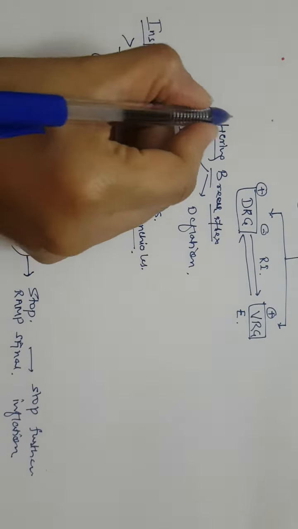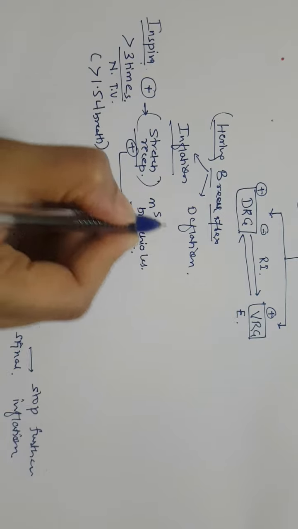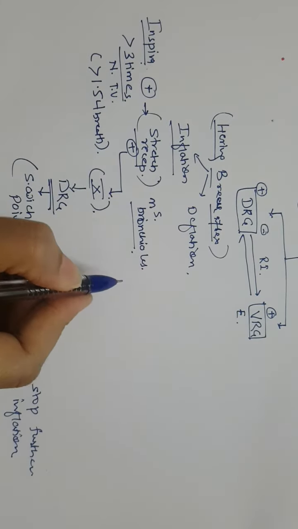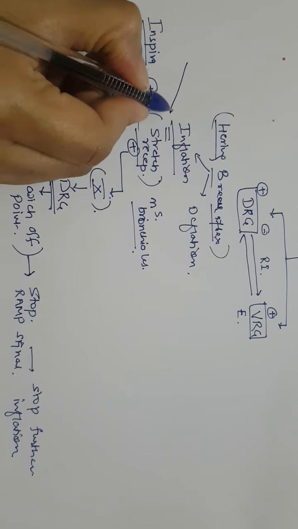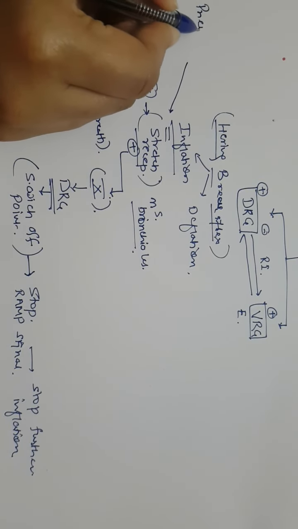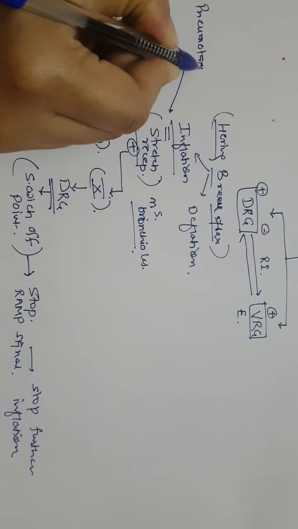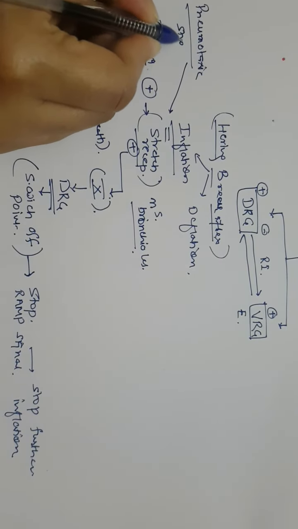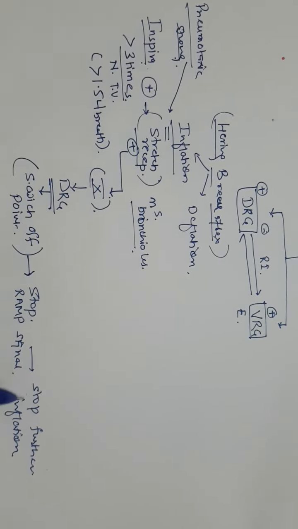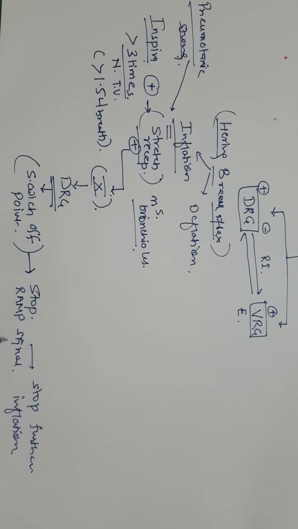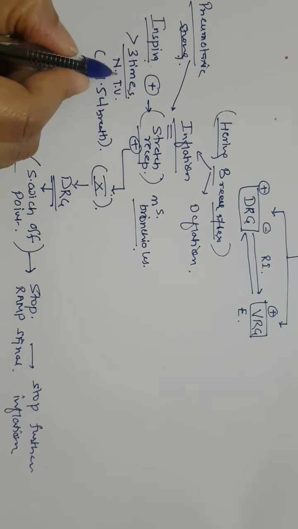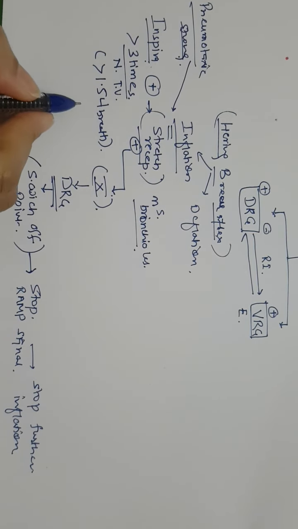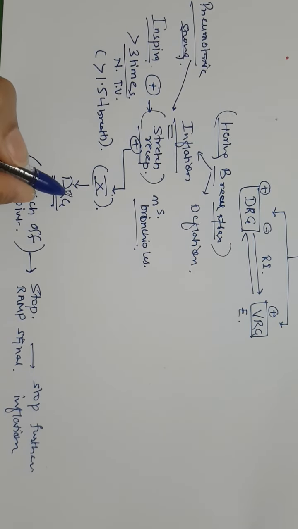Basically, these stretch receptors in the Hering-Breuer inflation reflex will act as a strong pneumotaxic center, which halts the inspiration by stopping the ramp signal, controlling the switch off point when the inspiration is more than 3 times the tidal volume, that is 1.5 liters per breath.